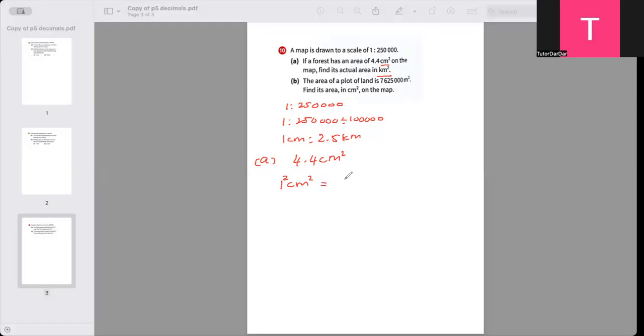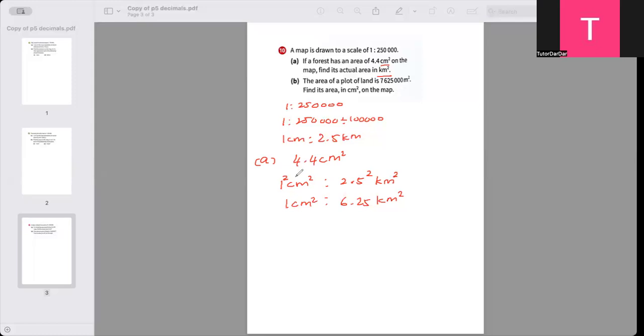So next one will be 2.5 square kilometer. What I want is 1 cm square is equivalent to how many kilometer square? So 1 cm square is equal to 2.5 square, you will get 6.25 km square.